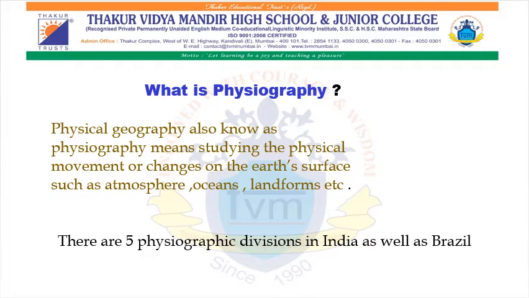There are 5 physiographical divisions in India as well as in Brazil. Today, we are going to study the physical divisions of India, and in the next PPT, we will study about the physical divisions of Brazil.